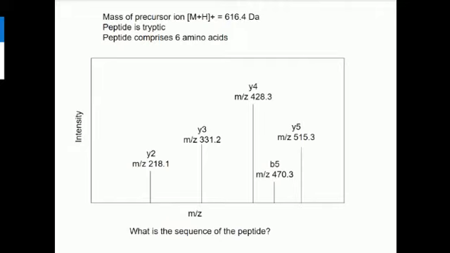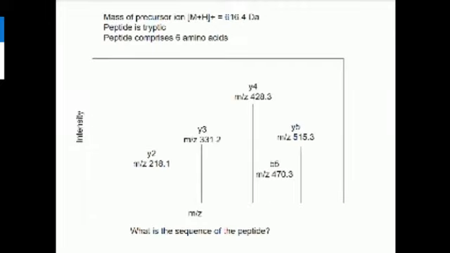Everybody got so far? Right, okay, so this is the first bit to be aware of. So we have got the Y2 fragment. And if you subtract Y2 from Y3, you get 113, okay, which is what? But it could be isoleucine or it could be leucine, okay, and we don't know the difference.